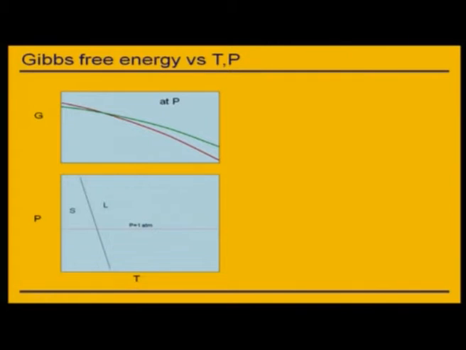We all know that this line will have a negative slope. Why? That is very simple. The melting temperature of ice gets reduced if I apply pressure, because ice has a lower density than water. Therefore ice expands when it forms from water, and if I apply pressure it will try to reduce the volume and then it melts at a lower temperature.